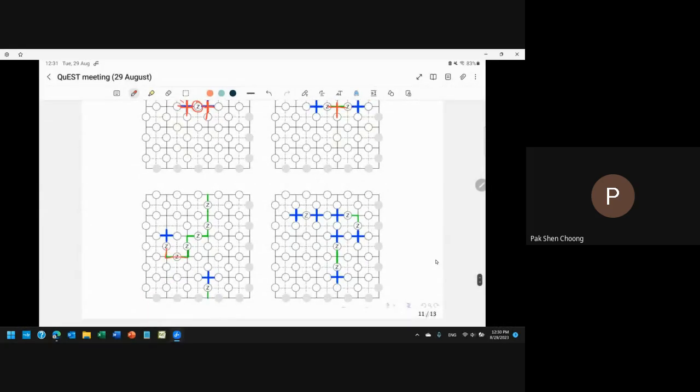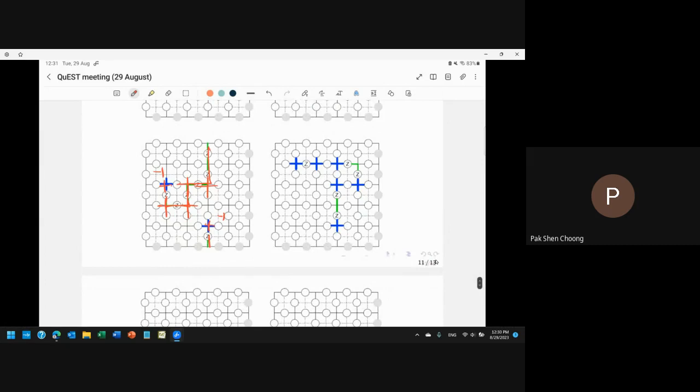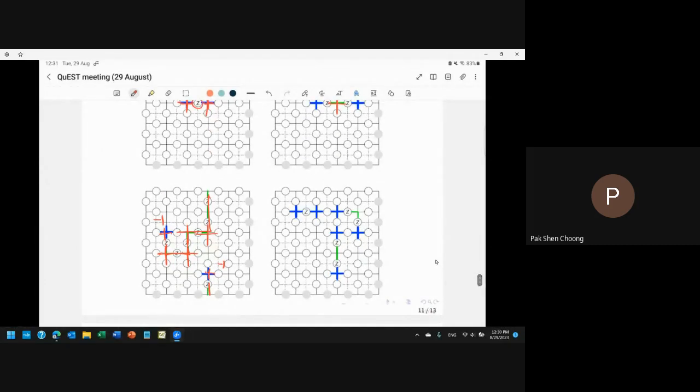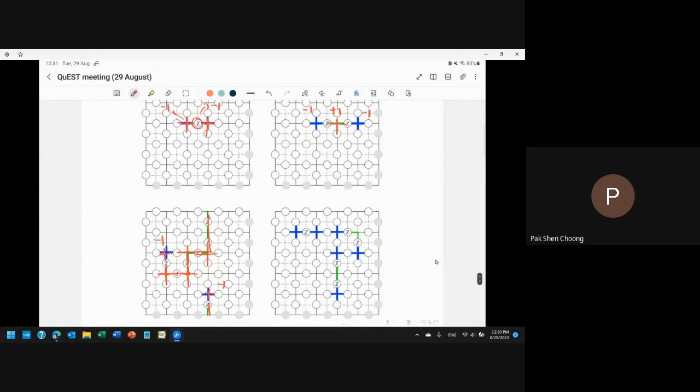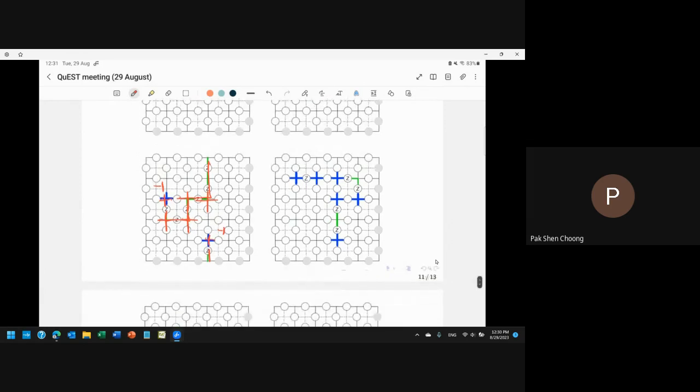So if you have a string of z errors, this will detect plus, this will also detect plus, and then this will detect plus, this will detect plus. So you find that along the path, all your vertex operators will not detect the errors. Only the endpoints will detect the errors to be -1. So that's the idea of how these toric codes actually detect the errors. For the plaquette errors, you just do the same thing on your dual lattice. You can argue with the same argument.